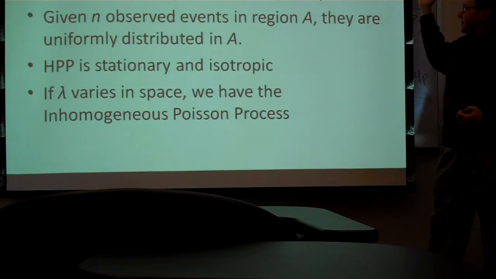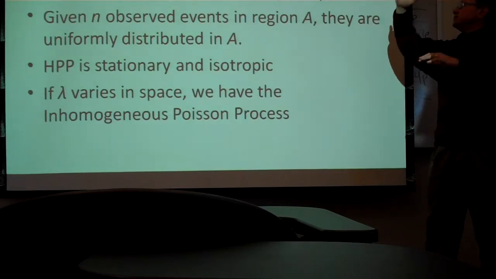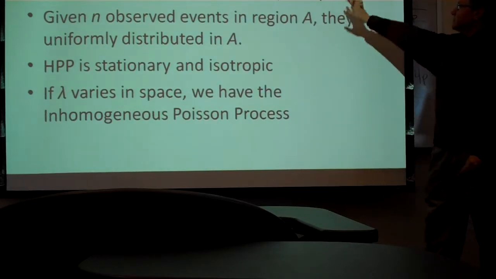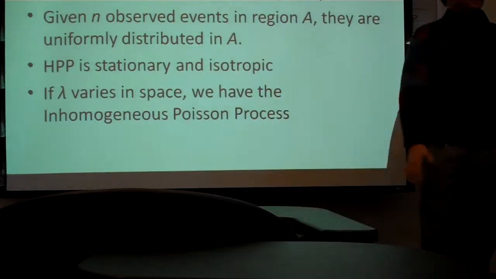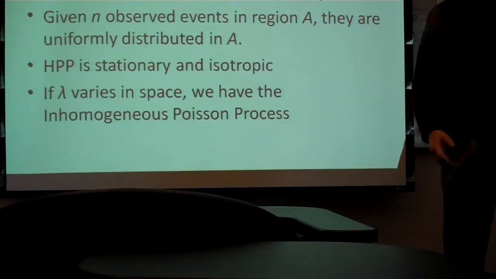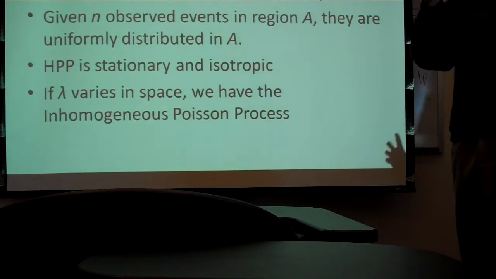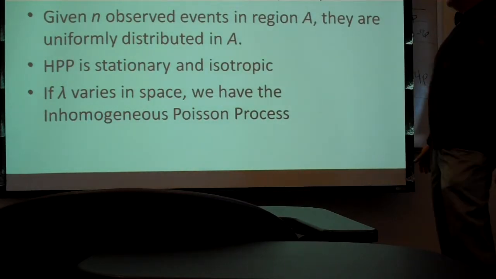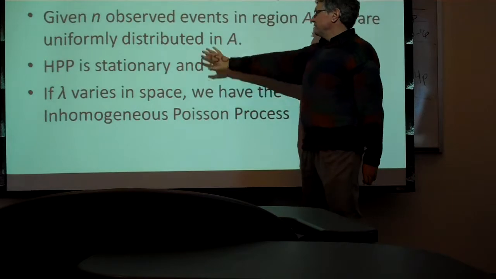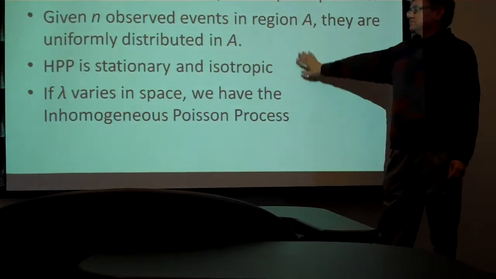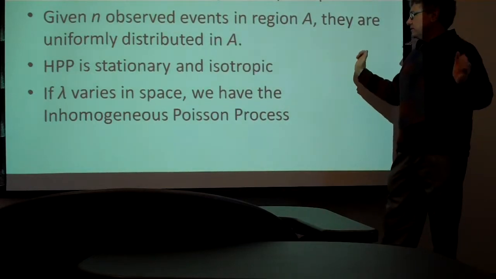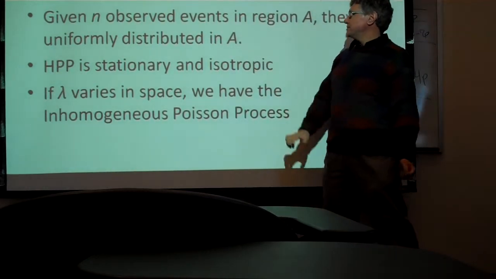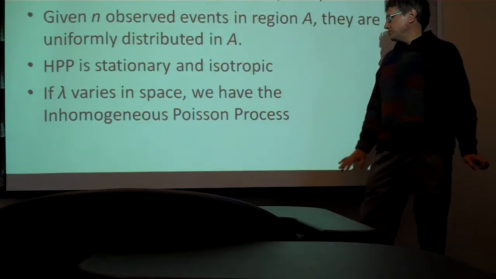So within the whole region, the number of events is lambda times A. If lambda is 10 and you've got a unit area, that means you're putting 10 points in that area. And then they're uniformly distributed, so there's no pattern either vertically or horizontally. So this homogeneous Poisson process is stationary and isotropic.